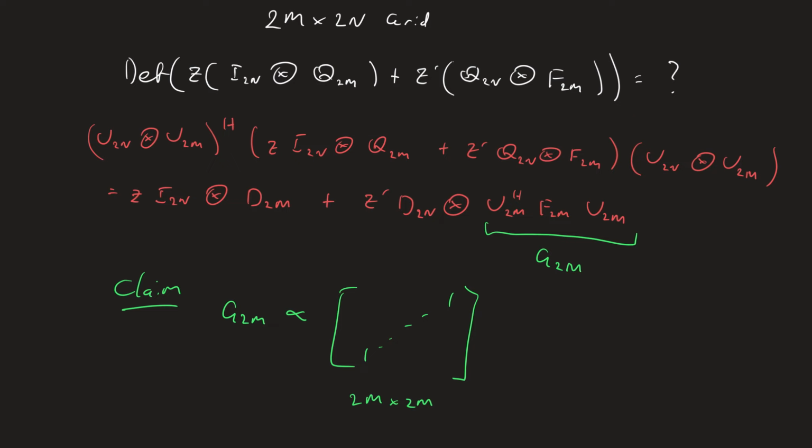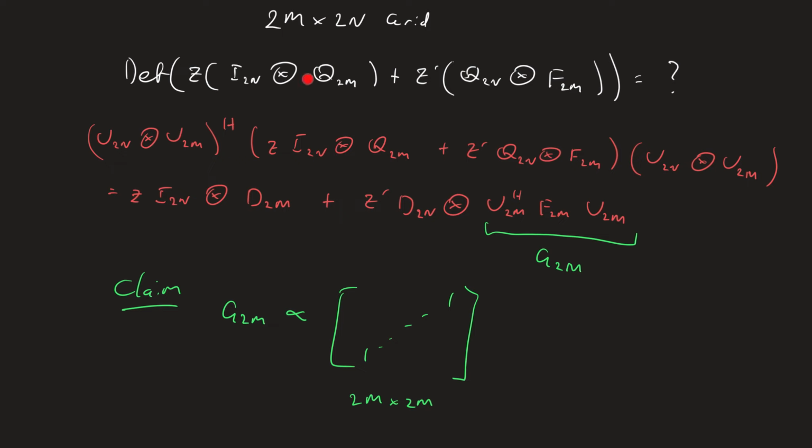Our current goal is to evaluate this determinant, and we will do this by applying a similarity transform to ideally make this diagonal, but if that's not possible, then to make it approximately diagonal. We know that we can diagonalise the two Q terms by using the U matrix that we found.